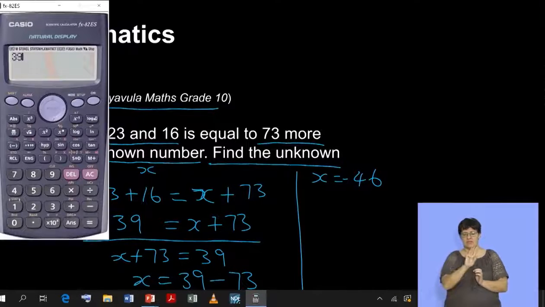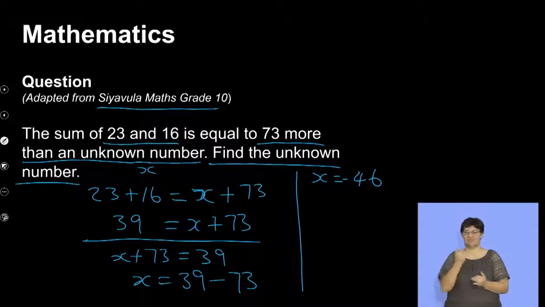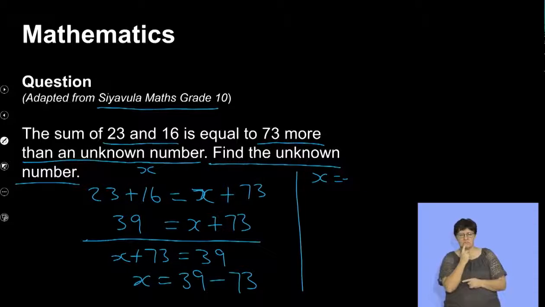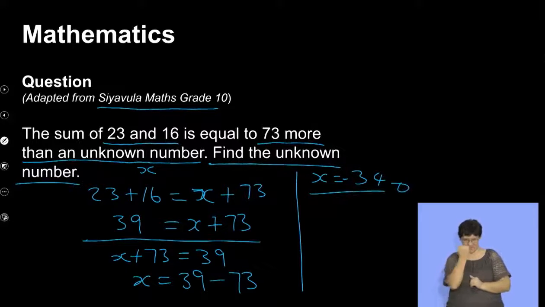Remember, it's 39 minus 73, which is 34, not 36. Okay, so this is actually supposed to be 34, not 46. So this is negative 34. Sorry about that. All right, so that will therefore be my answer here.